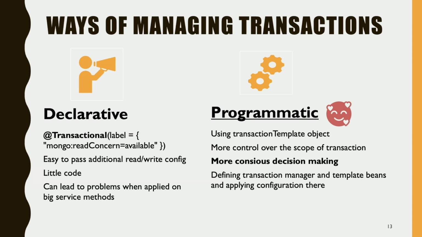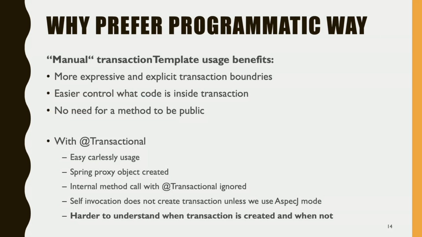So I think that's really good, and I like this programmatic way a lot more actually, because everything can be more clear for people, especially when they are moving from another language, another framework, or they are not super familiar with how Spring Boot works. So it's just easier to control what is inside the transaction.